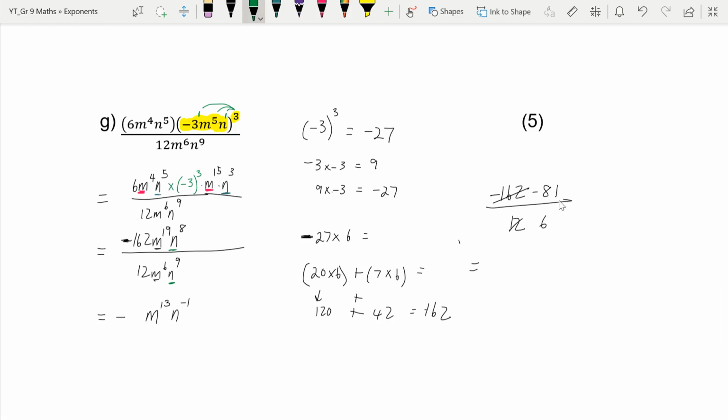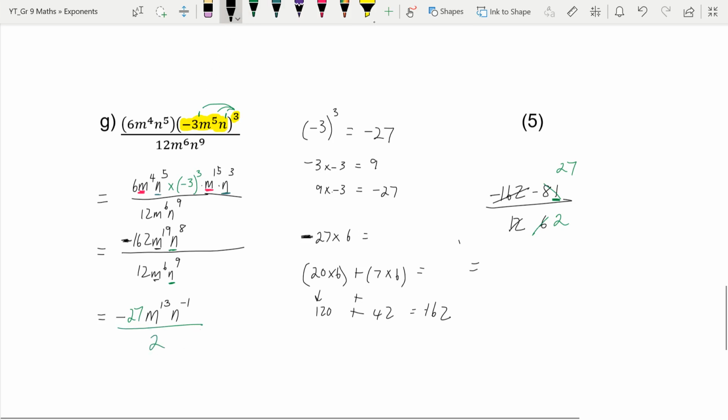Can we divide that by 2 again? No, because that's not divisible by 2. Can we divide that by 3? I'm sure we can. So 3 goes in there twice, and 3 goes in there 27 times. Is that true? Yeah. So that must be its simplest form. So that simplifies to 27 over 2.